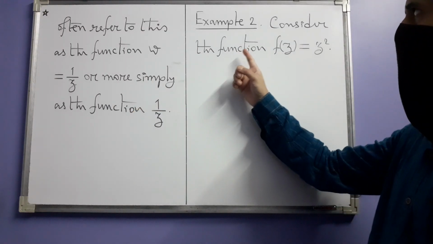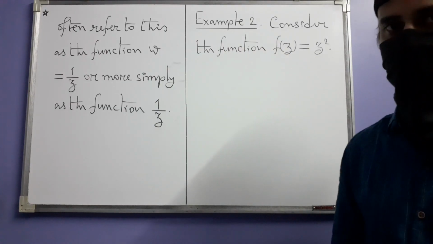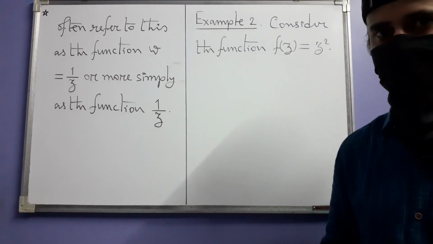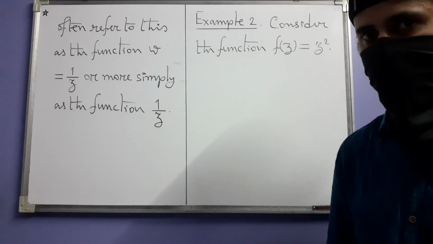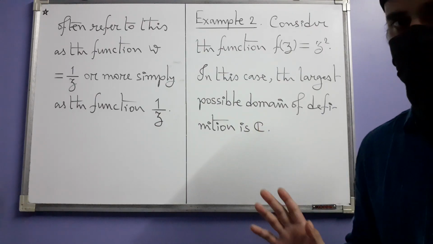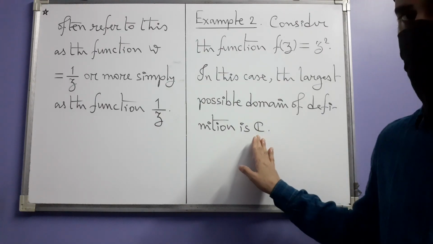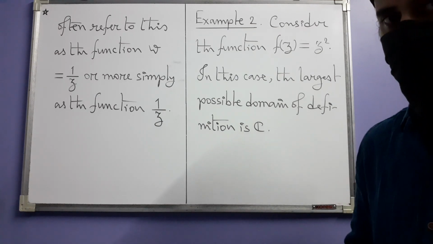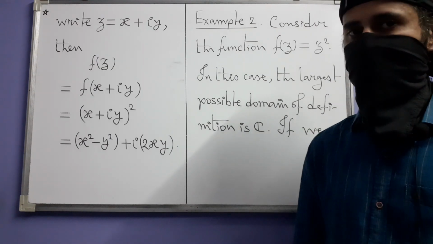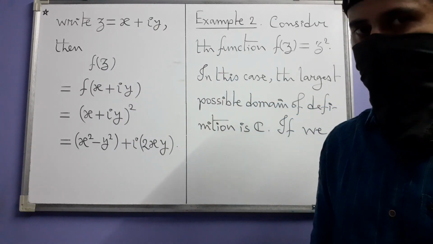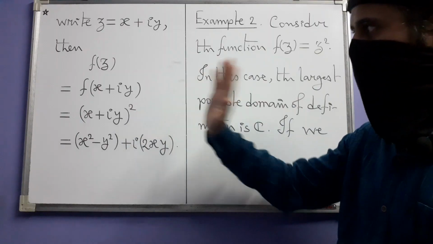Example 2, here we consider the square function. We are taking a complex number and squaring it. The square is the output. And in this case, obviously, the largest possible domain of definition is the entire set of complex numbers, because every complex number has a square. Now say we write the input z as x plus iy, and then with that, let's calculate f of z.